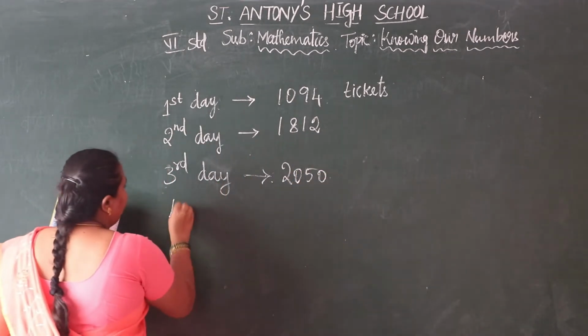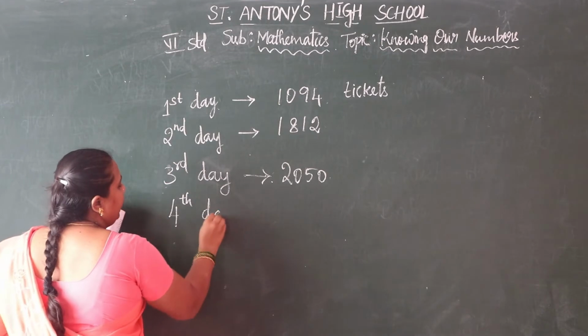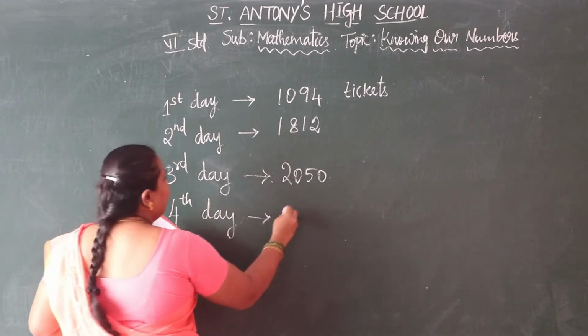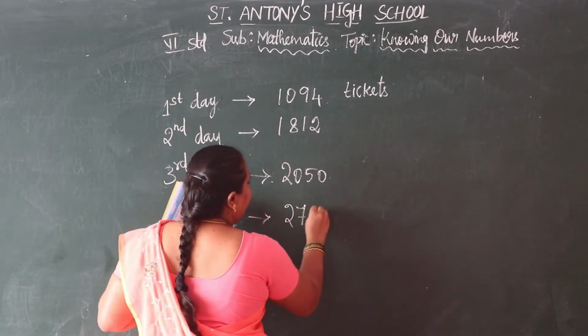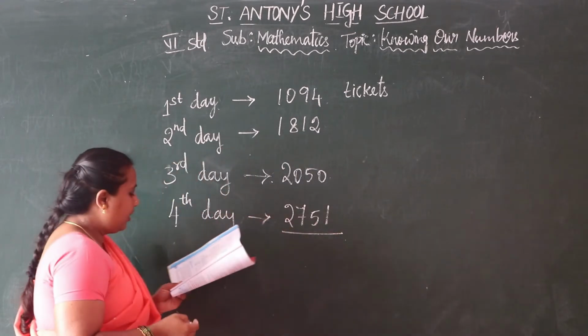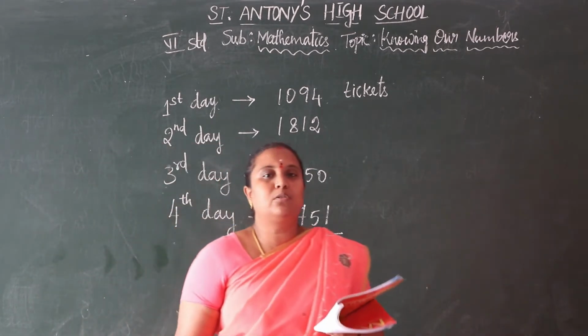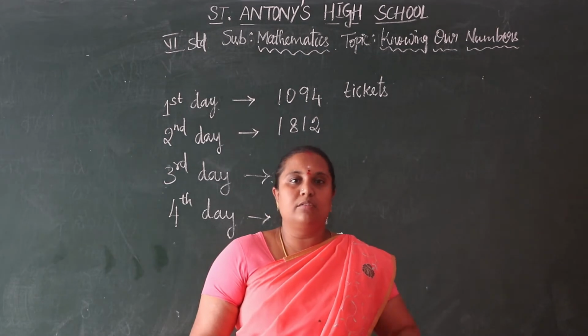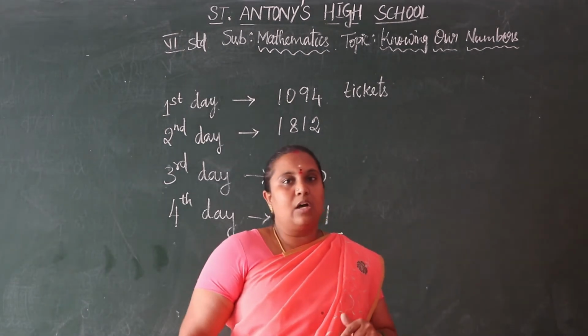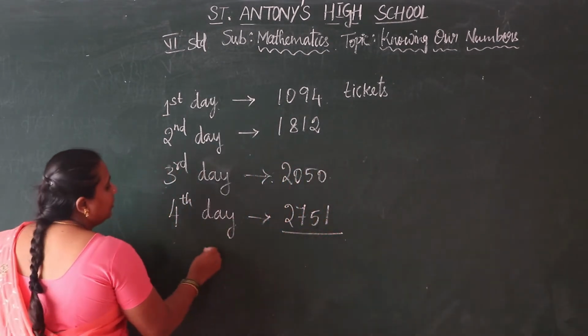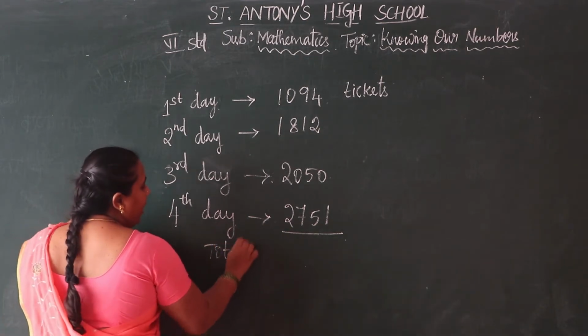And the fourth day, 2,751 tickets were sold. Now we want to find out the total number of tickets sold on all 4 days.